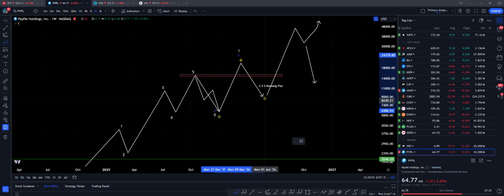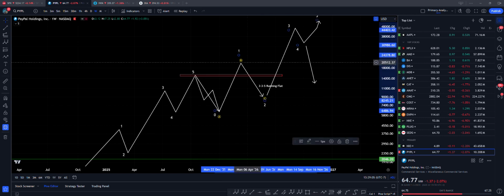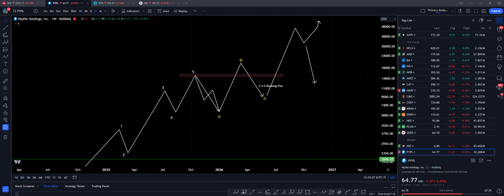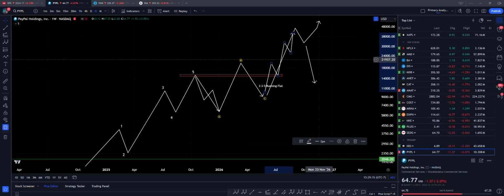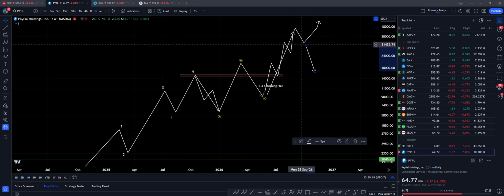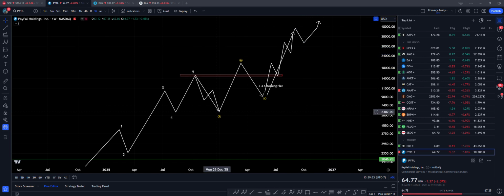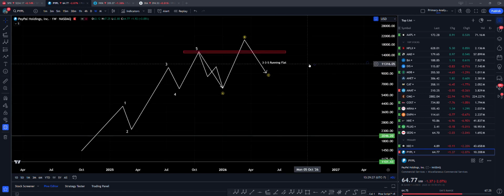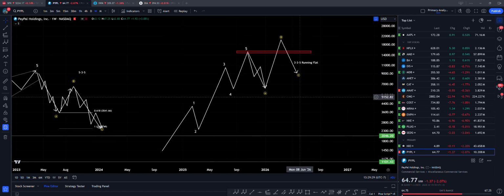Let me just mark it so that you understand. It was an ABC running flat, and you got this as your 5 wave move, right? So the drop is going to come larger than what you would expect and you get trapped when you buy it here. That the sell happened, right? So you need to understand where the regular flat could have happened, and your entry and exit points and all that. So this was a third flat.